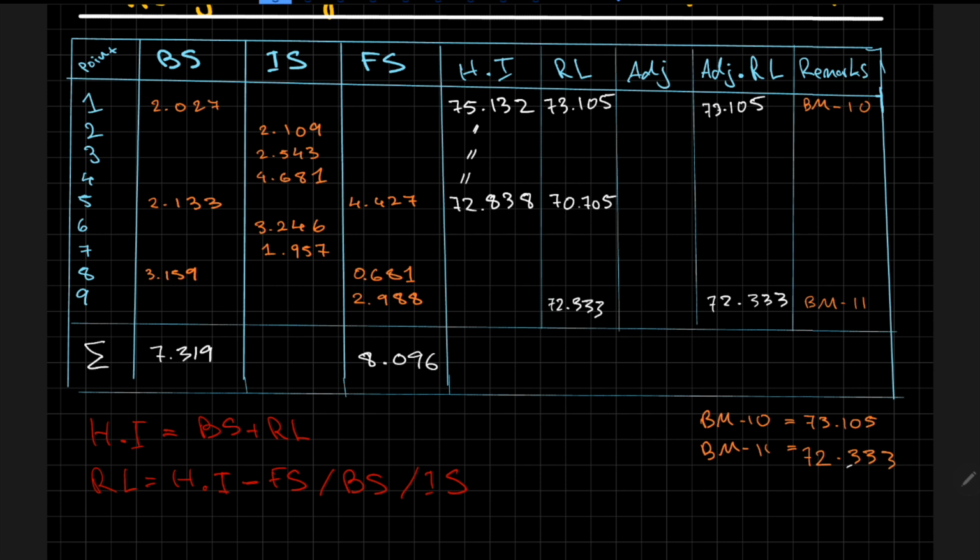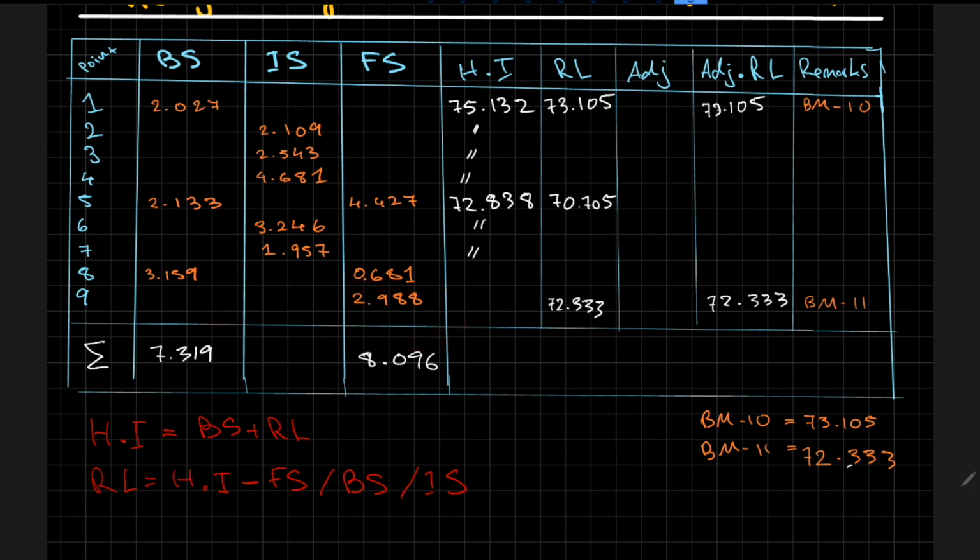And once again, we have 2 intermediary points. And like I said before, for intermediate points, the height of instrument does not change. So we can just copy these ones for these 2 stations here. Now we have a start of a new setup. We have a new backside.